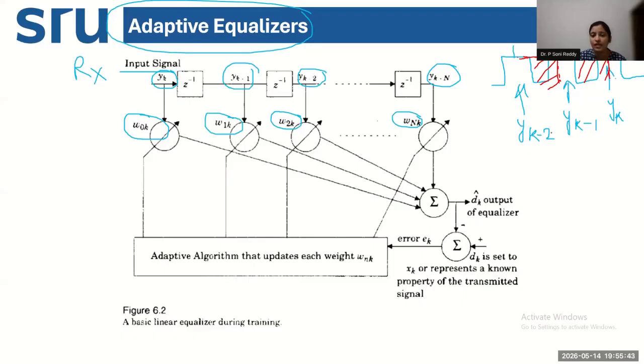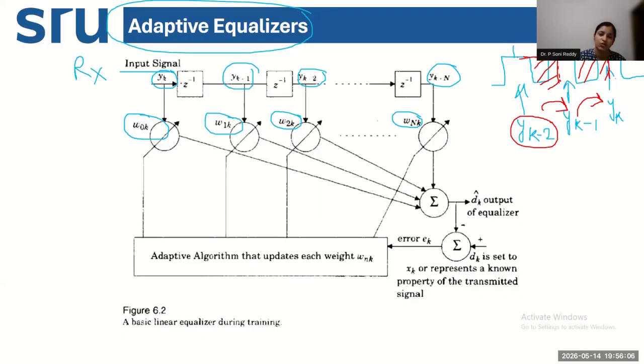When they are getting delayed, the previous transmitted signal is overlapping with the next symbol in line. Again, yk minus 1 is overlapping with yk. Like this, each previous symbol is now overlapping with the current symbol. That is why we are delaying each of the symbols here.